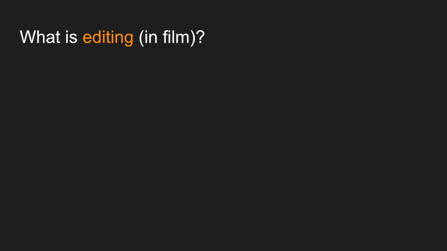The word editing is a familiar word to us. We hear it often. Typically, when we use the word editing, we mean to make corrections, like edit your essay, edit this project, or this art piece or something like that, right?